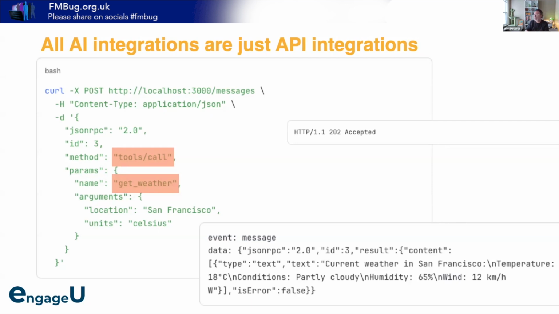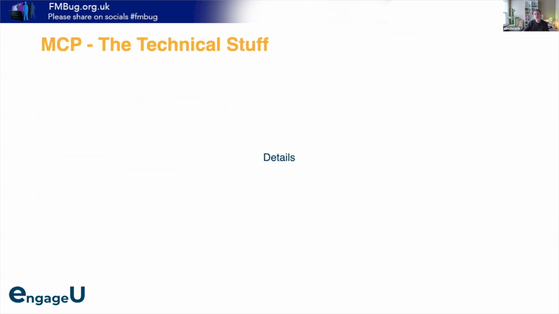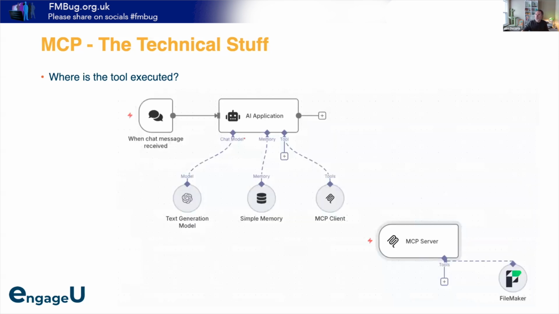It's just another API integration. I can show you more details of the streamable HTTP, which is the one that replaces SSE, but fundamentally, it's really the same thing. So I'm not going to go into the same slides there, but feel free to interrupt me if you want to see more of that stuff.